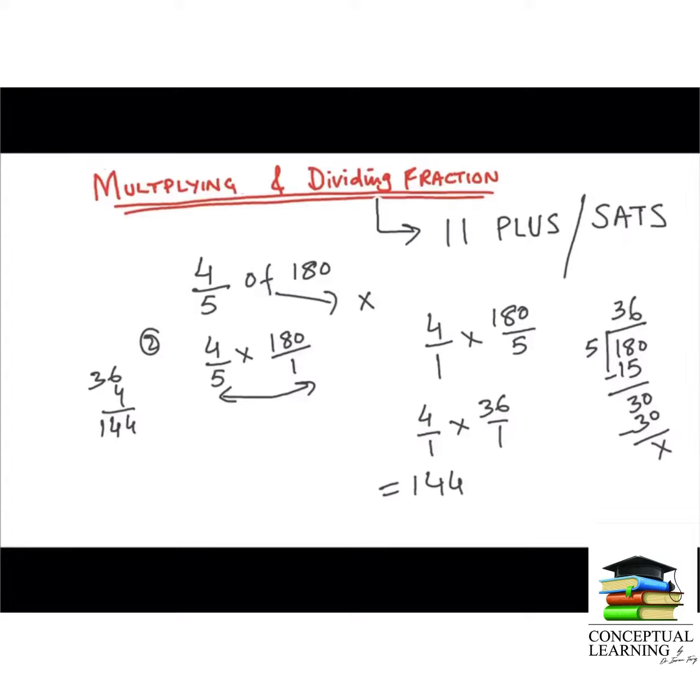So you can see here, when we do multiplying of fractions, I can write 4 fifths of 180, so I have to convert of into times. And then I compare the first fraction with the second fraction, change the position of the denominator, and at the end simplify. And the end result we get is 144.